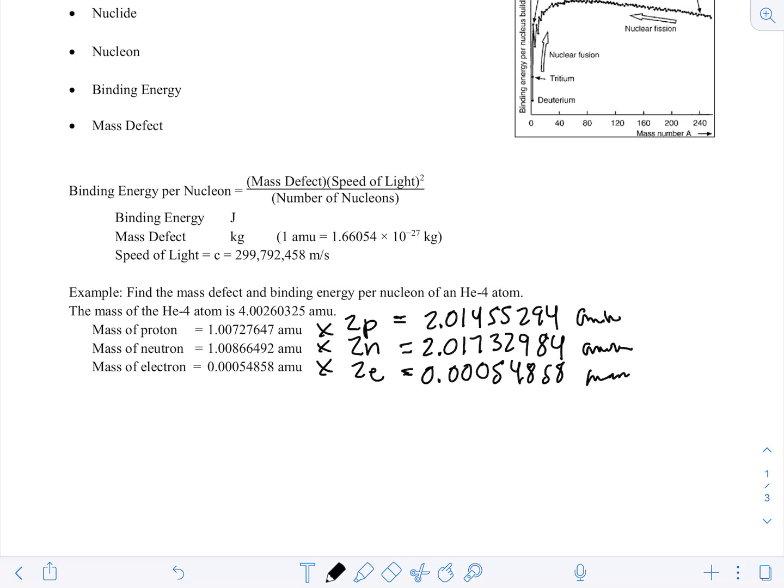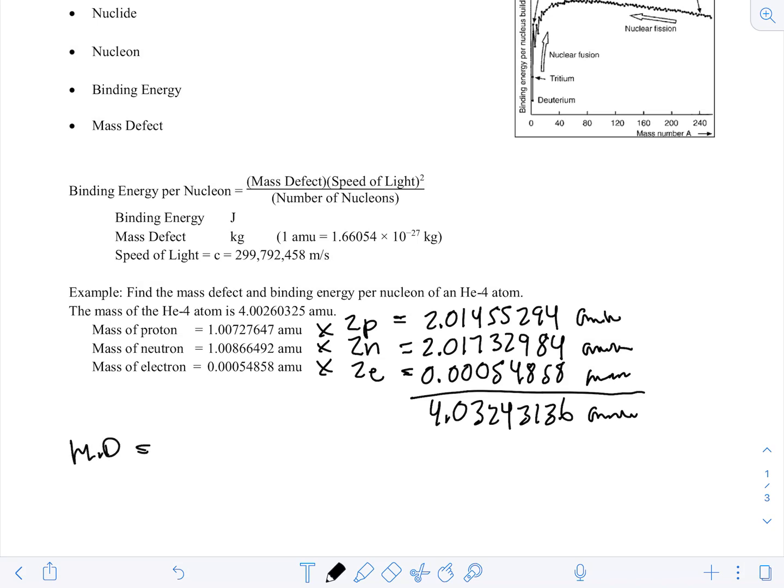And that's AMU. Okay, and then when you add up all 3, you get 4.03243136. So this is the theoretical mass, but what actually happens is this is what we call mass defect.